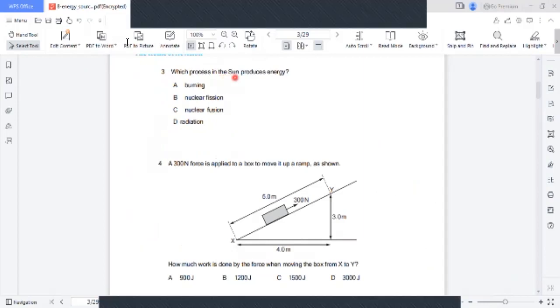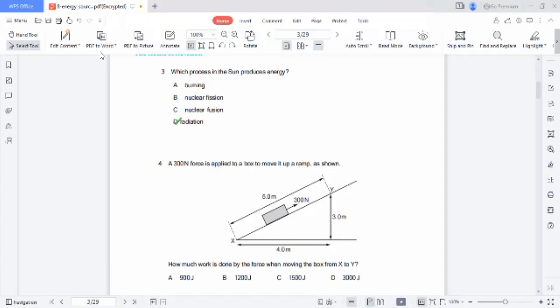Which process in the sun produces energy? We know that in the sun there is a nuclear process, and radiation is actually the outcome of energy. Burning is not occurring. There is no burning process there.